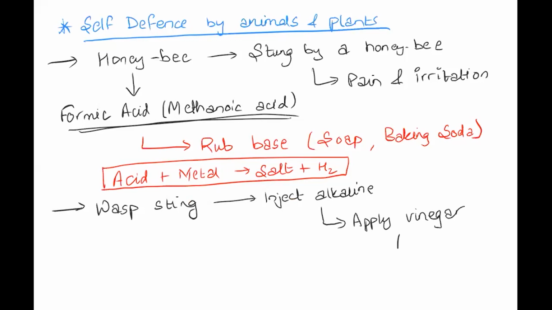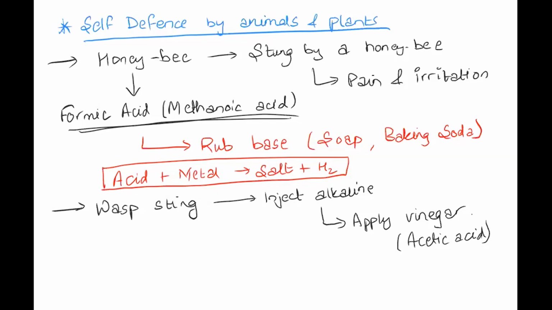So this acetic acid, can anyone tell me what is an alkaline? Base dissolved in water. Yeah, that's correct. So the base which can be dissolved in water is known as an alkaline.